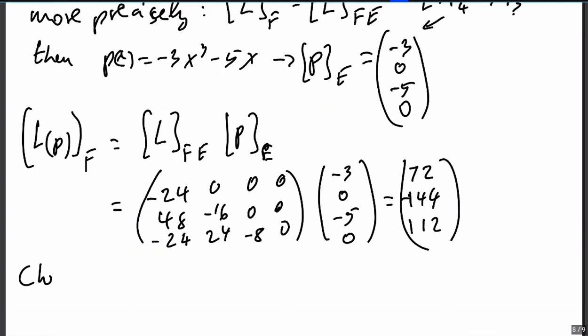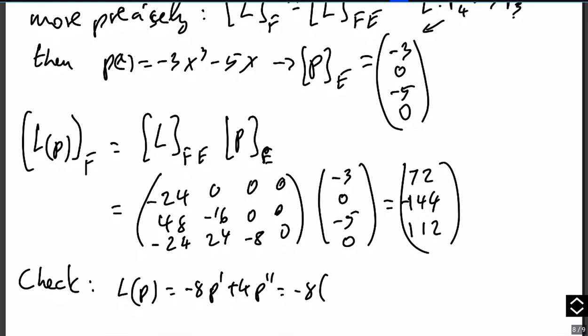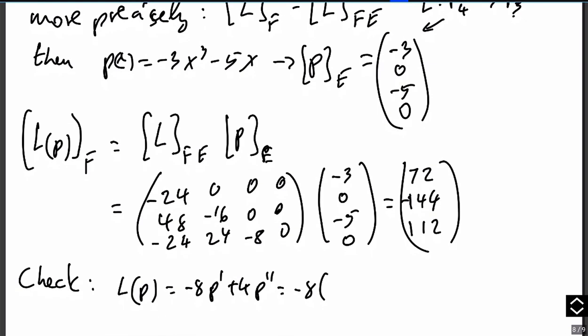You can actually check your answer if you apply LP. So the formula was minus 8p prime plus 4p double prime. In this case, minus 8 times you differentiate p, you get minus 9x squared minus 5, plus 4 times you differentiate one more time, you get minus 18x.